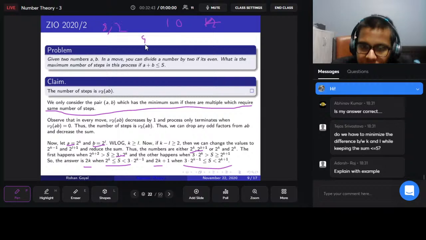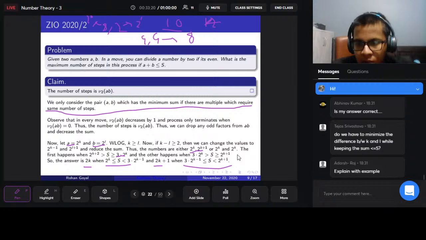But I can also take the pair 4 comma 4. This is 2 to the 1, this is 2 to the 3. I kept the number of steps the same, but I reduced the sum. This sums to 8, whereas those were summing to 10. So I can say that this is the best I can do because I can't improve any further. The other numbers I could improve to these, but this I can't improve any further. So the numbers are either 2 to the k and 2 to the k plus 1, or 2 to the k and 2 to the k.